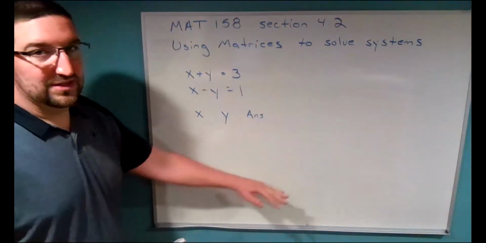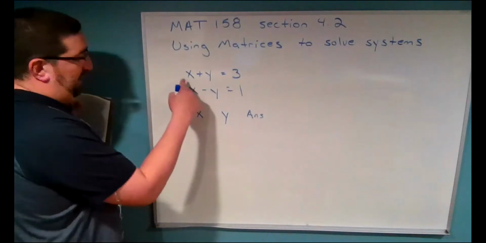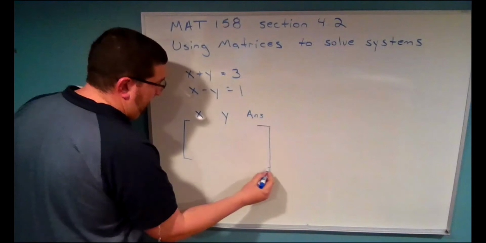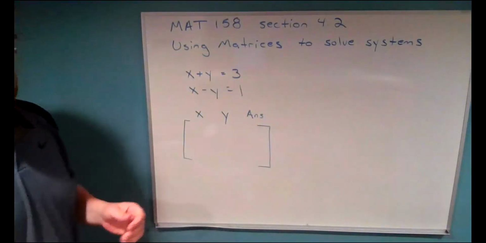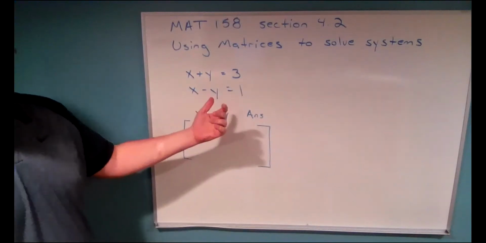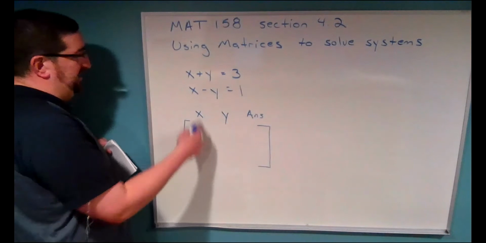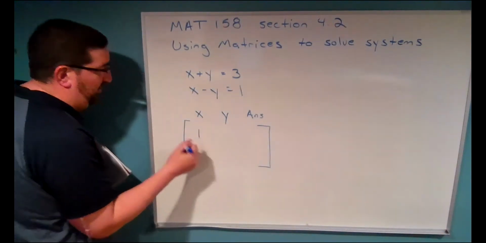Rows are horizontal. So for our first equation, we are going to write a matrix to represent it. We look at the coefficients. In the x column, the coefficient in front of the x is 1.